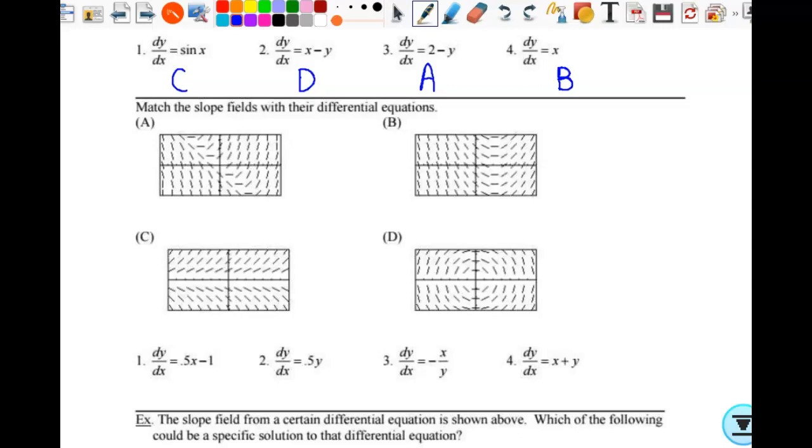So how did you figure out the difference between 3 and 4? I just plugged in a random number.